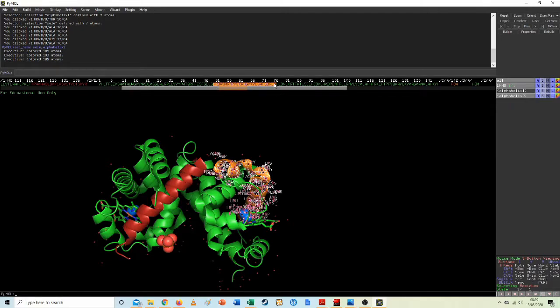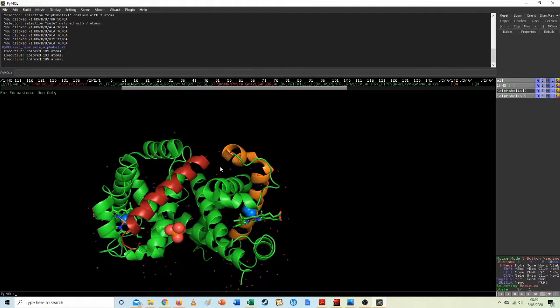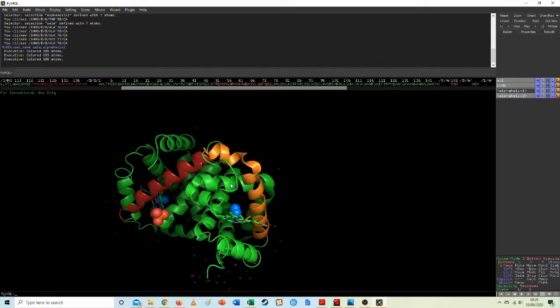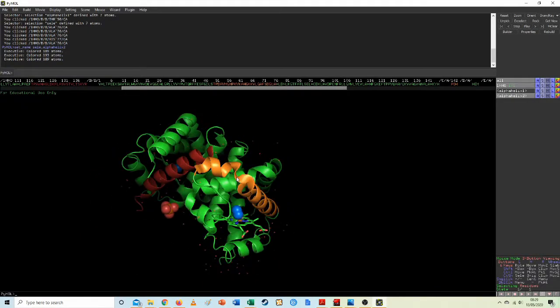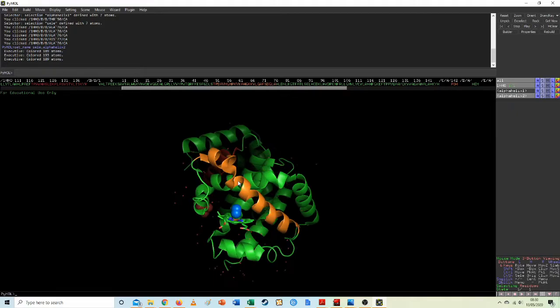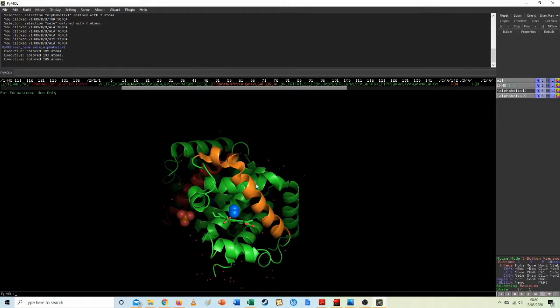I want to hide the labels because it's a bit ugly. And then I just want to deselect that again. Right, so we've got our very standard alpha helix in red there, and our weird kinked one, probably because it's got those glycine amino acids that we didn't see in this alpha helix over here. It won't just be the fact that it's glycine, it'll be the way in which all of that interacts together.